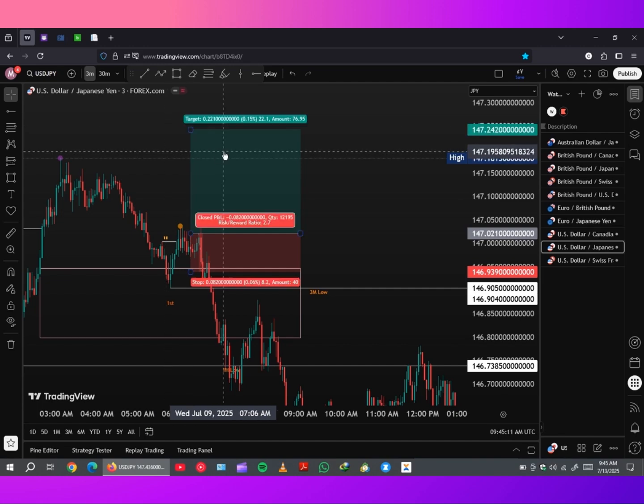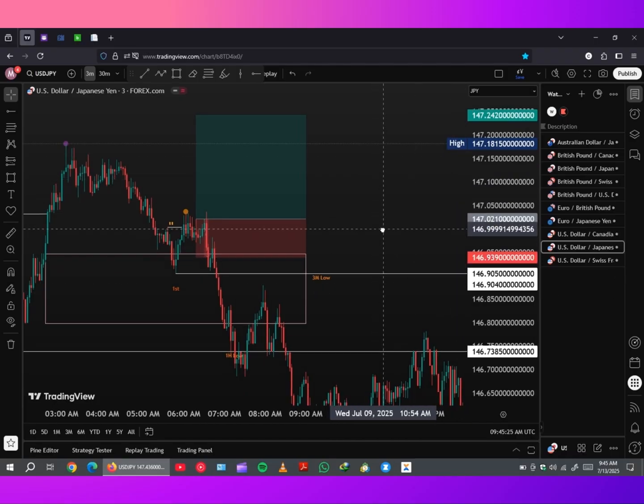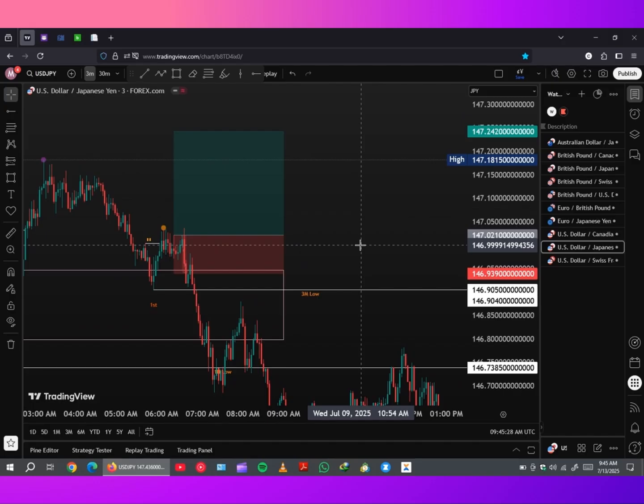So it quickly went against me. That trade was the first trade I took that day. I've also taken another trade in the later part of the day, which I'm going to show you right now. So this trade resulted in a loss for me, which is minus $10.